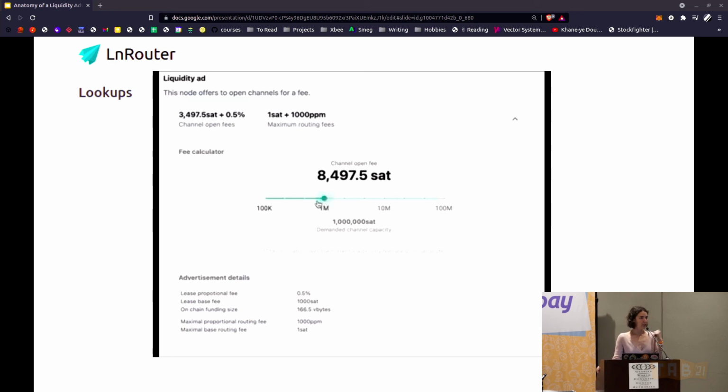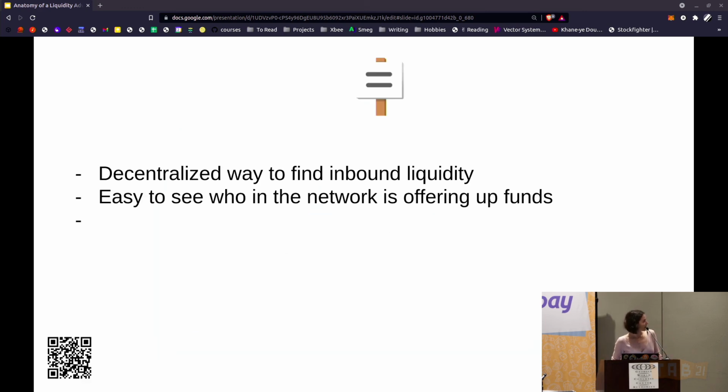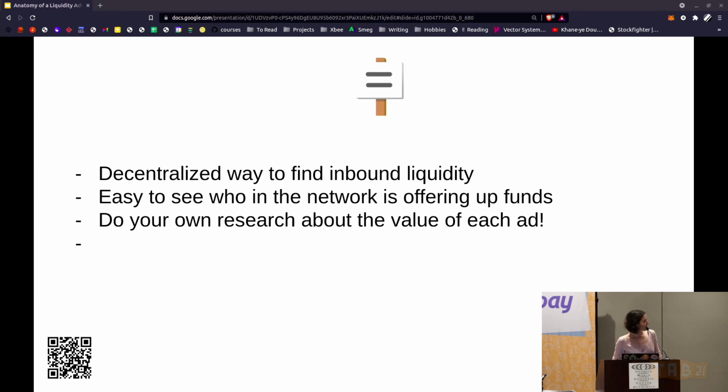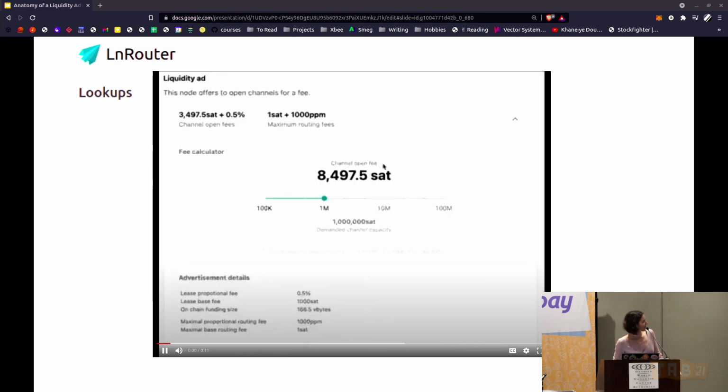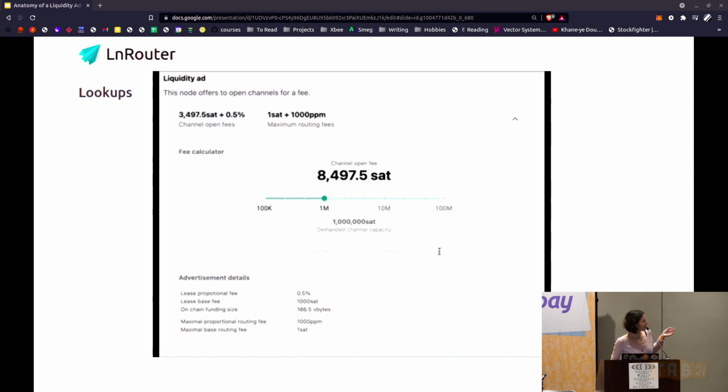He's added a UI, so when you look through all of the different nodes that are offering liquidity ads, you'll be able to figure out how much it would cost to get them to put money into the channel for you, with a nice little slider, etc. It has all the data we just talked about.